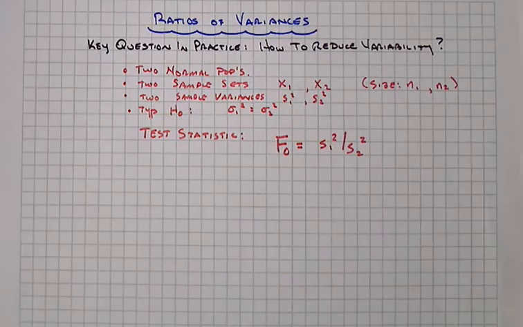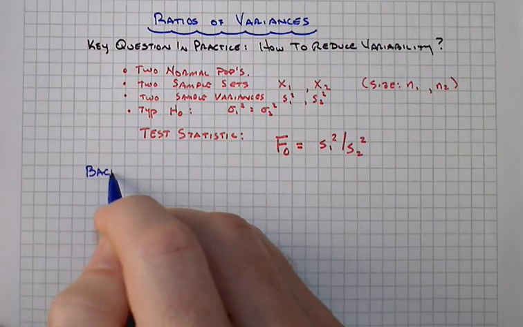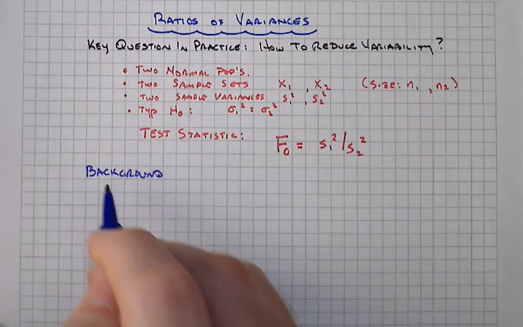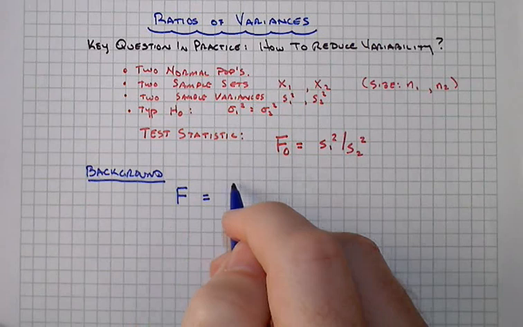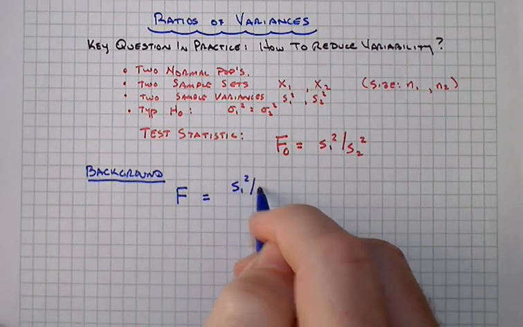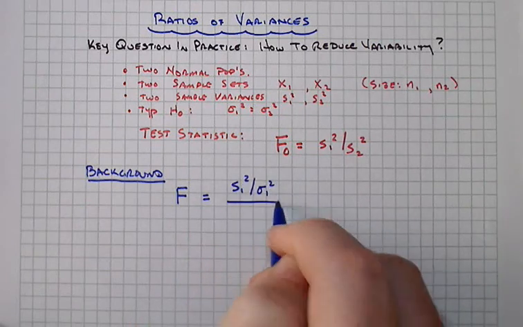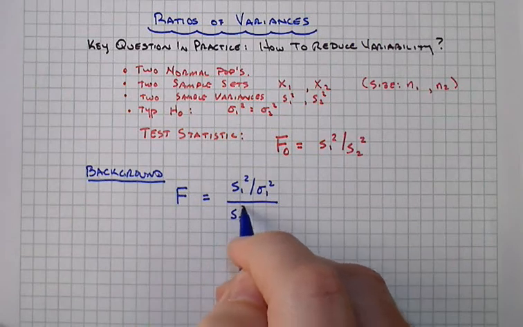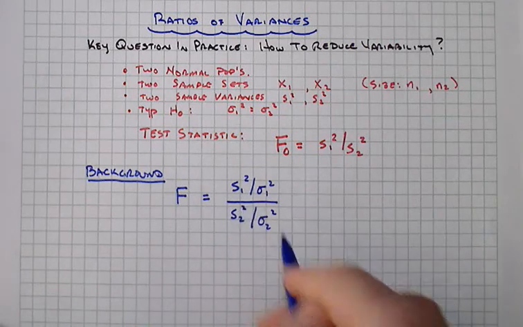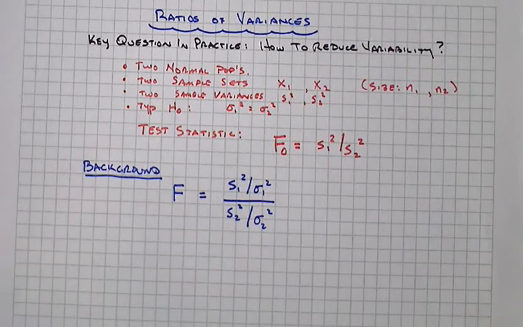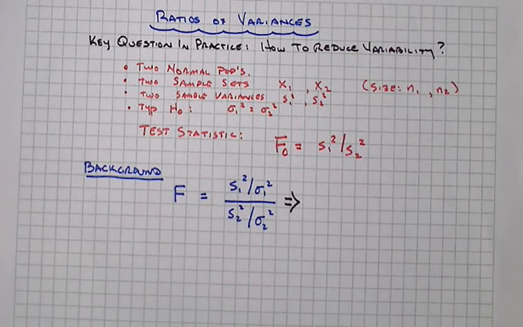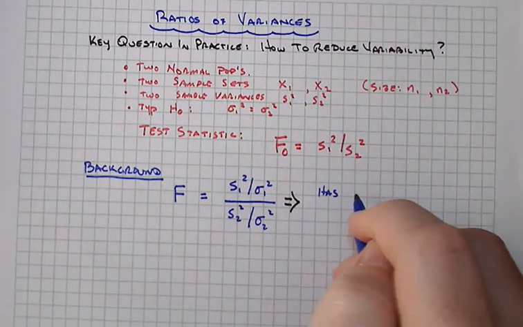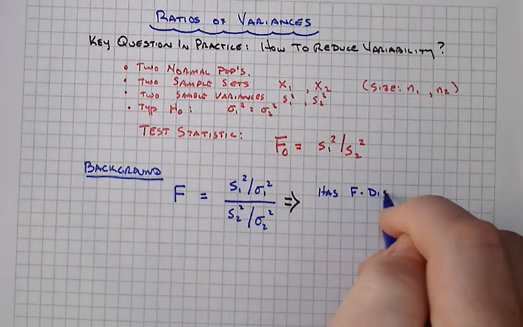Right? Now, the background that leads to this is that f, when it's the ratio of the sample variance to its own population variance, and then likewise in the denominator, the second population, is that particular form has as a sampling distribution an f distribution.